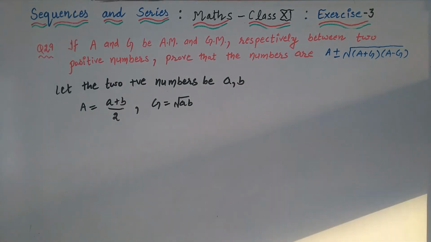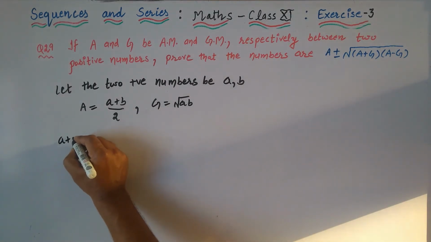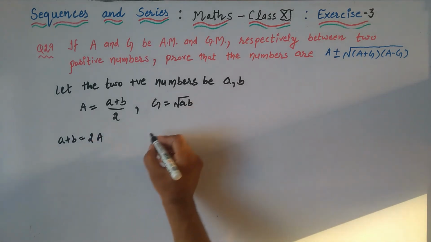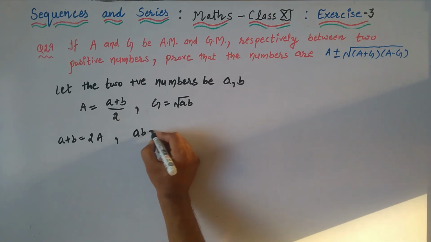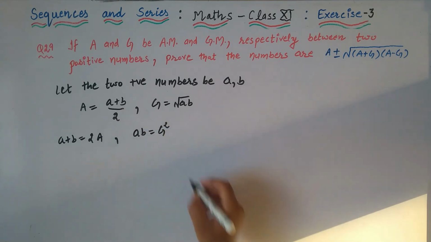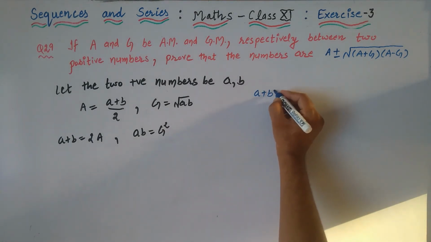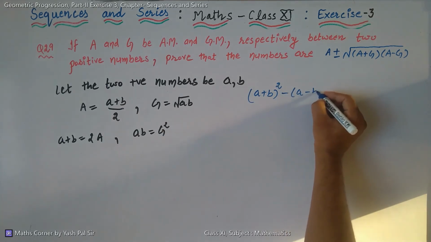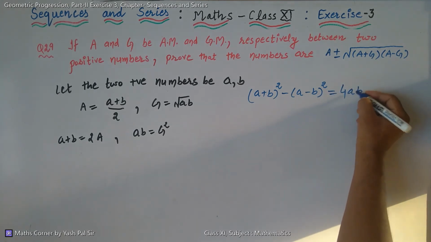So we can write this like a plus b is equal to 2A, and here we have ab equal to G square. Now we recall one identity which is like this: (a plus b) whole square minus (a minus b) whole square is equal to 4ab.